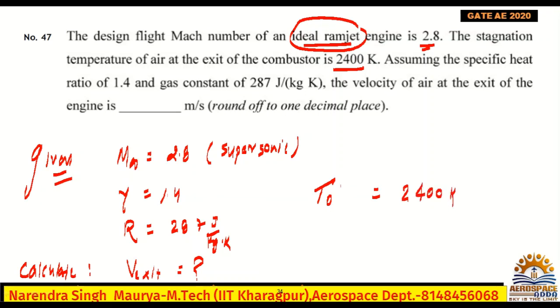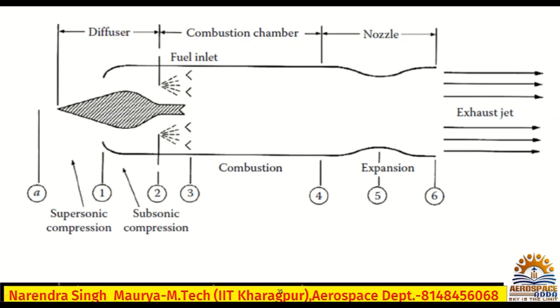Anyway, I will show you where I have written T naught, the numbering. Check this diagram. This is a ramjet. Yes or no? For this ramjet, where is the combustor? This is the combustion chamber, and this is the exit of the combustor. From here up to here is the combustion chamber.